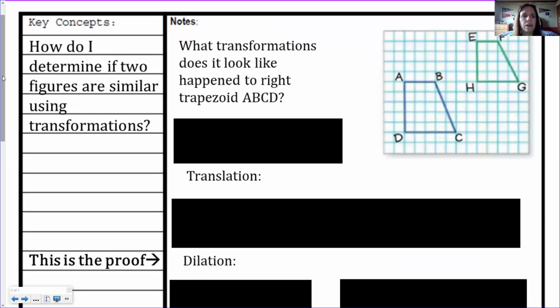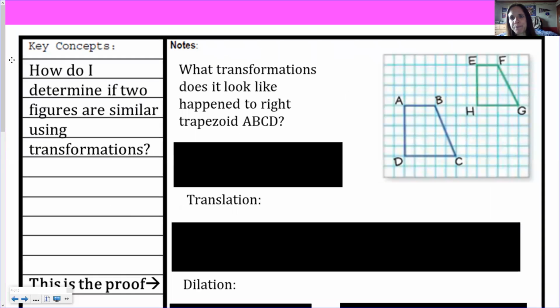All right, so again, what does it look like happened to right trapezoid ABCD? I know it's a right trapezoid, it's got two right angles. Well, what transformations could have happened here? Well, EFGH looks smaller, and when you change the size, that's dilation.